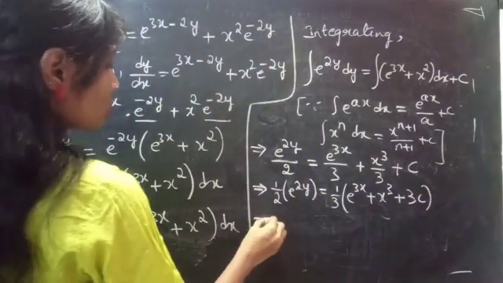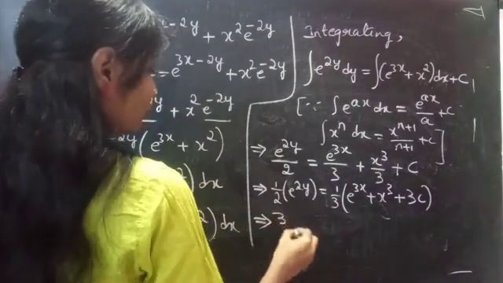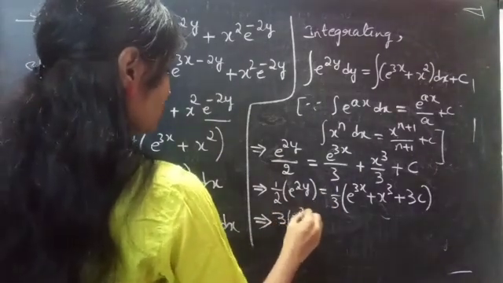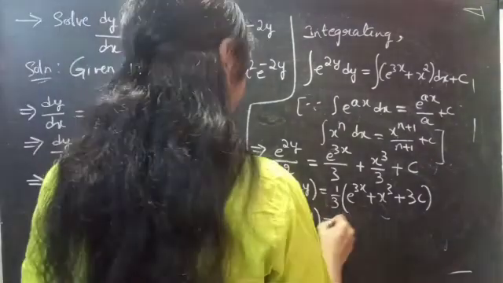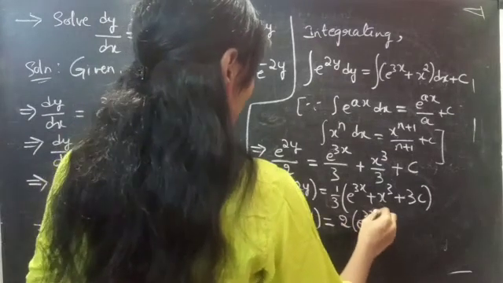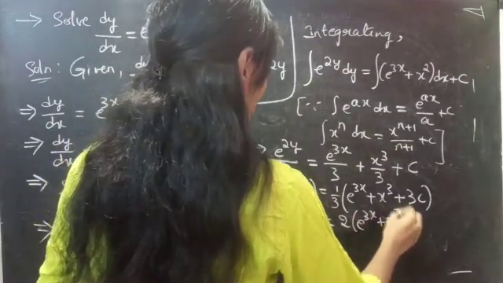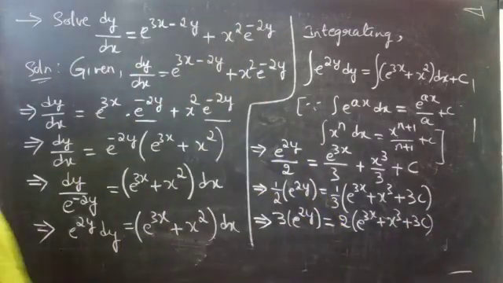Okay, so this implies, now we can cross multiply. 3 times exponential 2y equals 2 times (exponential 3x plus x cube plus 3c).